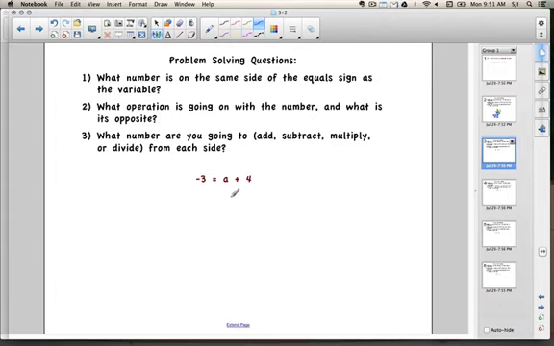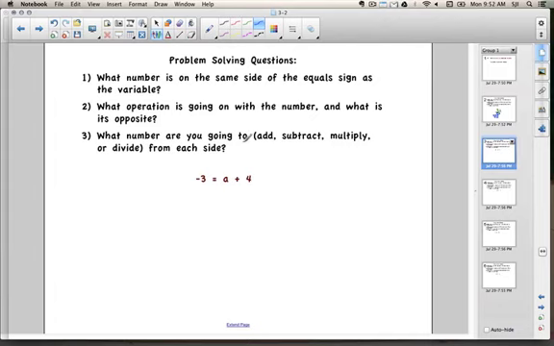So the first question is, what number is on the same side of the equal sign as the variable? Here's the variable a. And on the same side of the equal sign, I see a 4. So that's the answer to question number 1, 4. What operation is going on with that number, and what's the opposite of it? Well, I'm going to look in front of the 4, and I see a plus sign, and the opposite of that is subtraction.